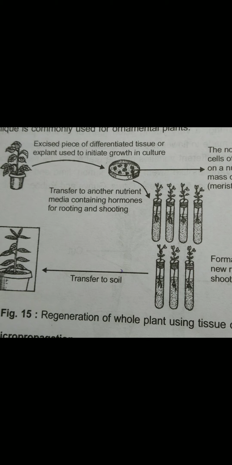They place it on this plate which contains some kind of nutrient medium and plant hormones, so that these plants can easily multiply by using this nutrient medium.